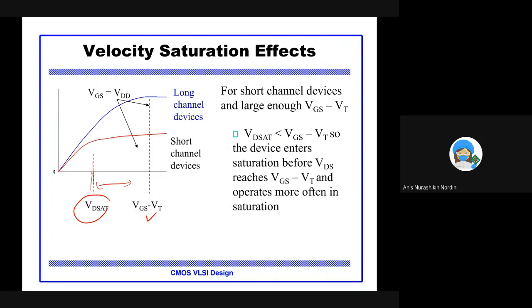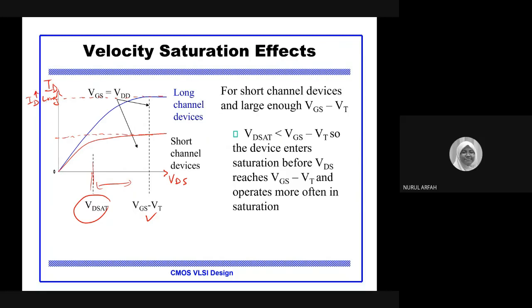For this graph, the y-axis is IDS and the x-axis is VDS. For the long channel device, IDS can be much higher, but for the short channel device, IDS is much lower because the channel saturates earlier.